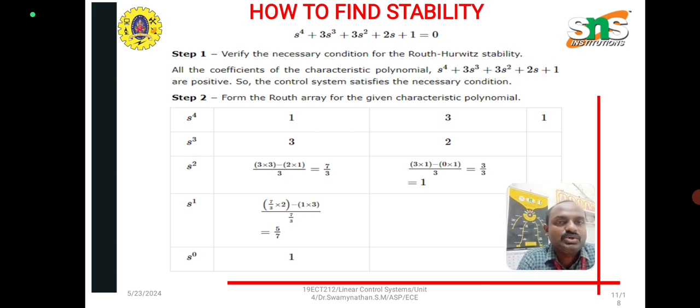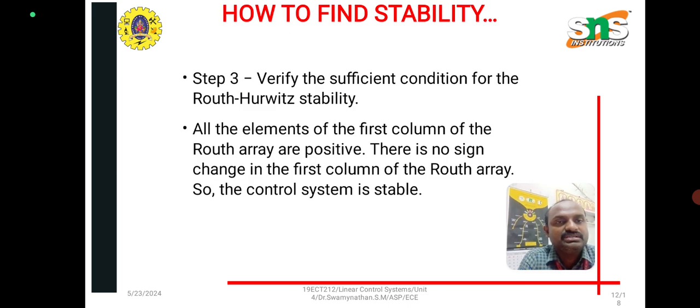The first row is the even coefficients and the second row is the odd ones. Then do the regular multiplication using the first column, and continue down to s power 0. There are no sign changes, so the system is stable.